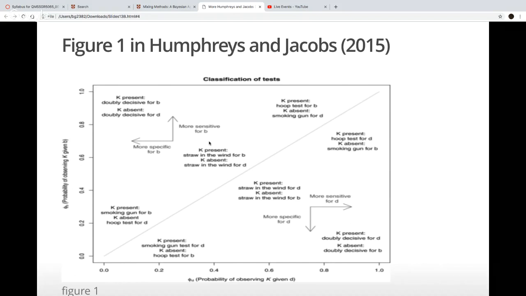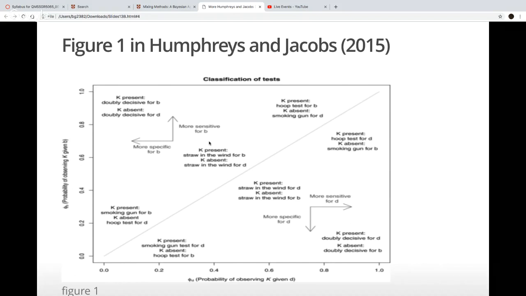This is originally intended for a purely qualitative analysis, but Humphreys and Jacobs, because they're looking at things probabilistically in a Bayesian framework, are easily able to incorporate it into the procedure that they're suggesting.